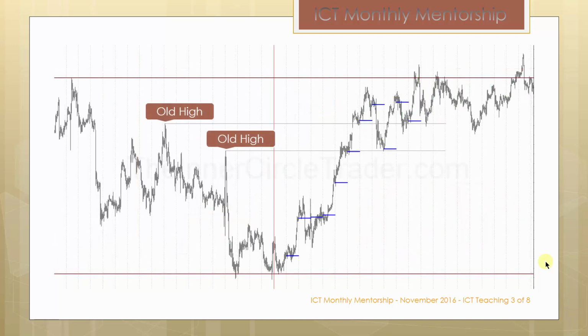So let's zoom in a little bit, and I'm going to add, again, the levels on those short-term highs, and we're going to note them as the old highs. Every time you see that little gray horizontal line segment, what we're drawing your attention to is these old highs here, and that's going to be in the form of those old buy stops.